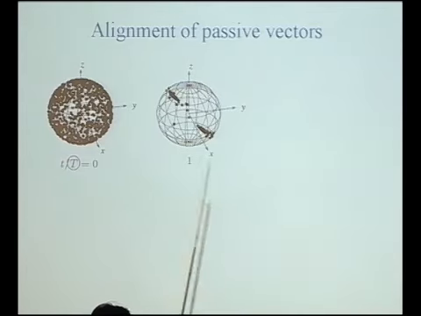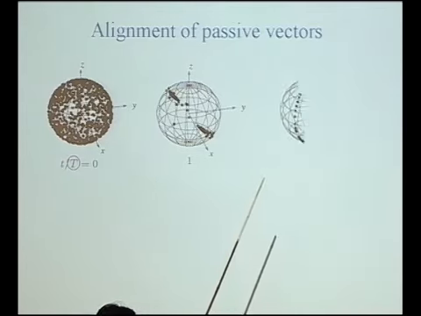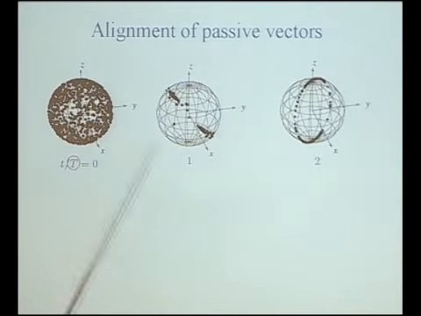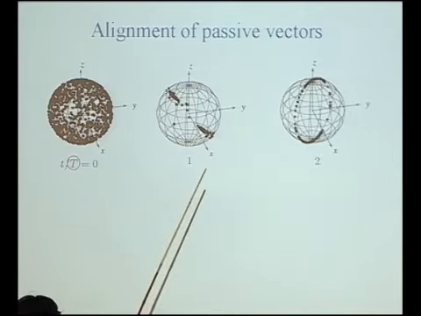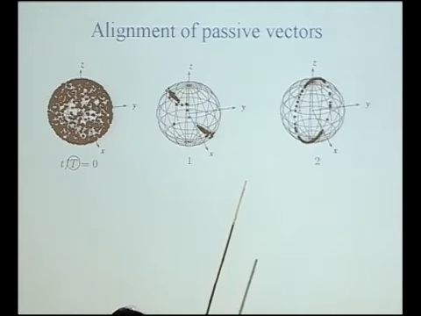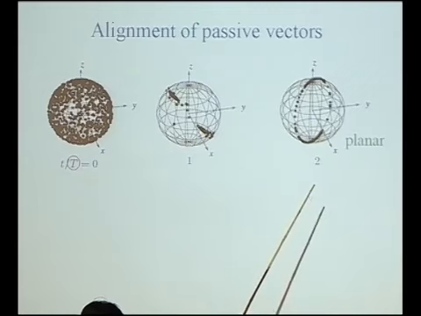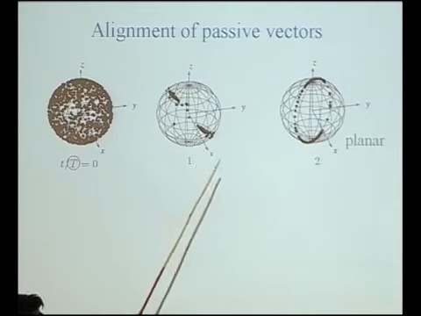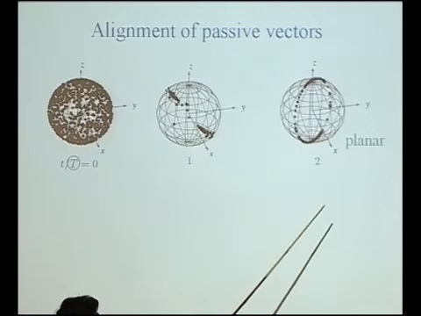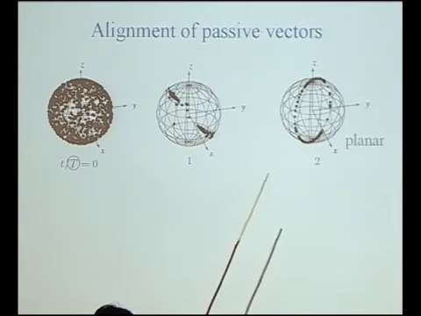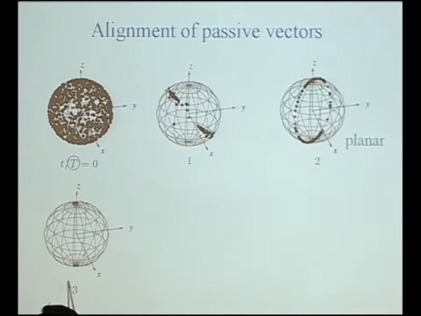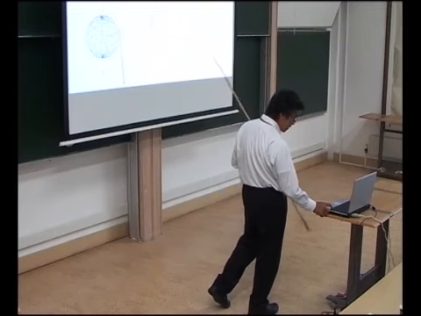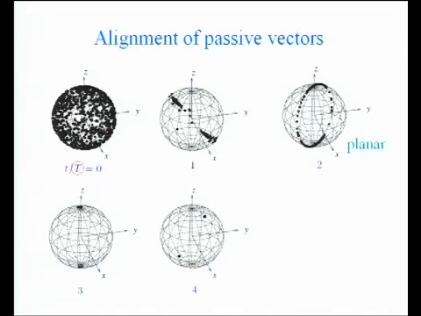Initially, they are distributed isotropically. After one period, they are partially aligned, and after two periods, they align on a plane, which we call planar type.